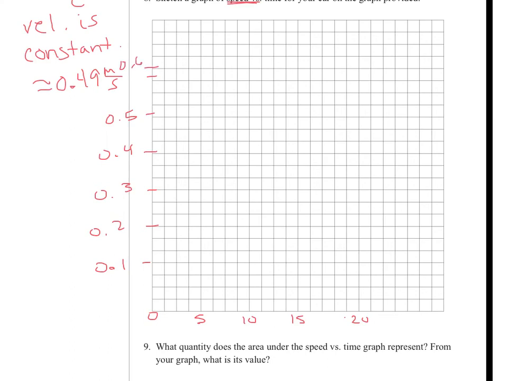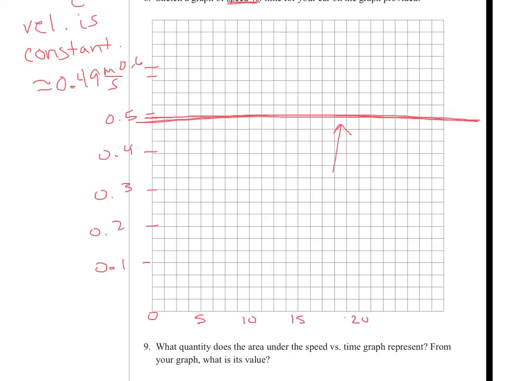All of my velocities, if you take each data point in your table, distance divided by time at each one of those intervals, you'll get approximately the same number. It might be slightly off here or there. But for mine, it's 0.49, which is going to fall right through here. So you would just get a horizontal line, okay?